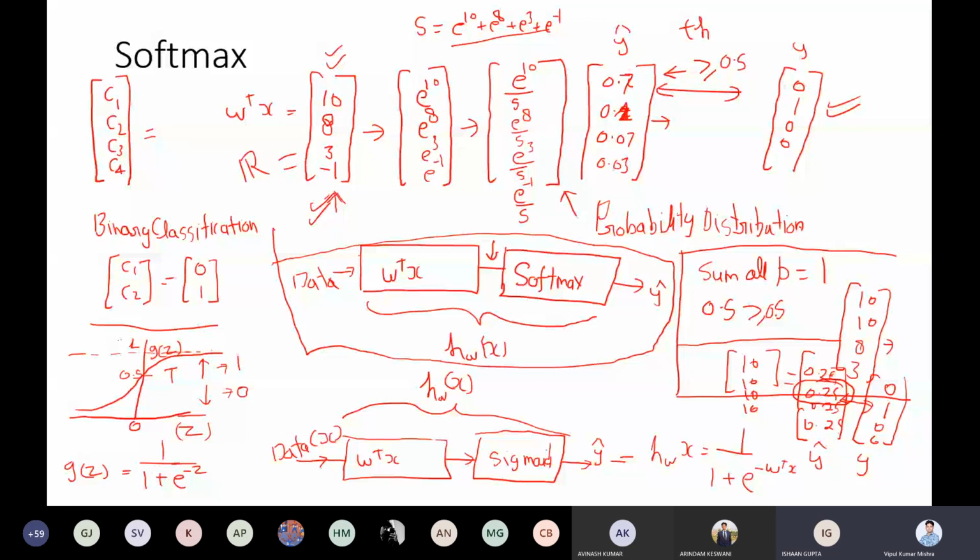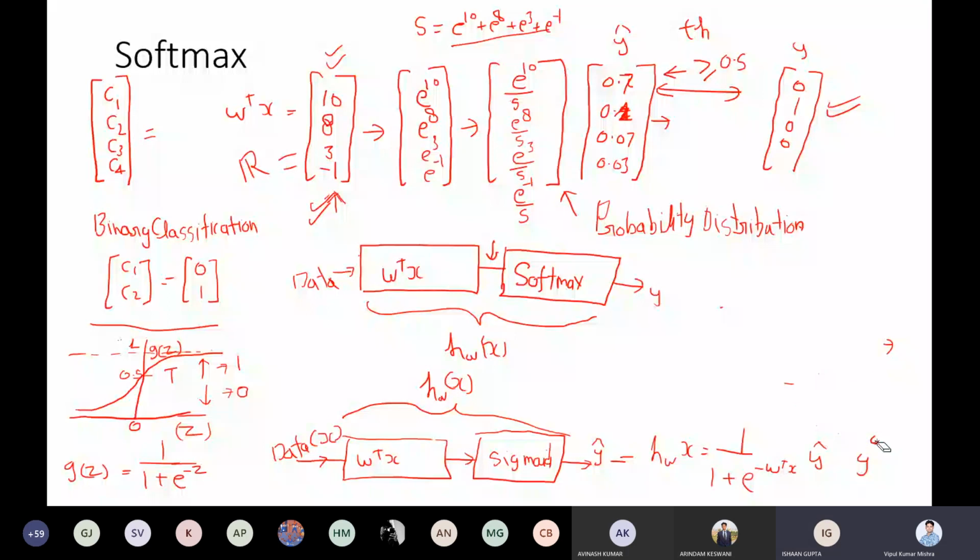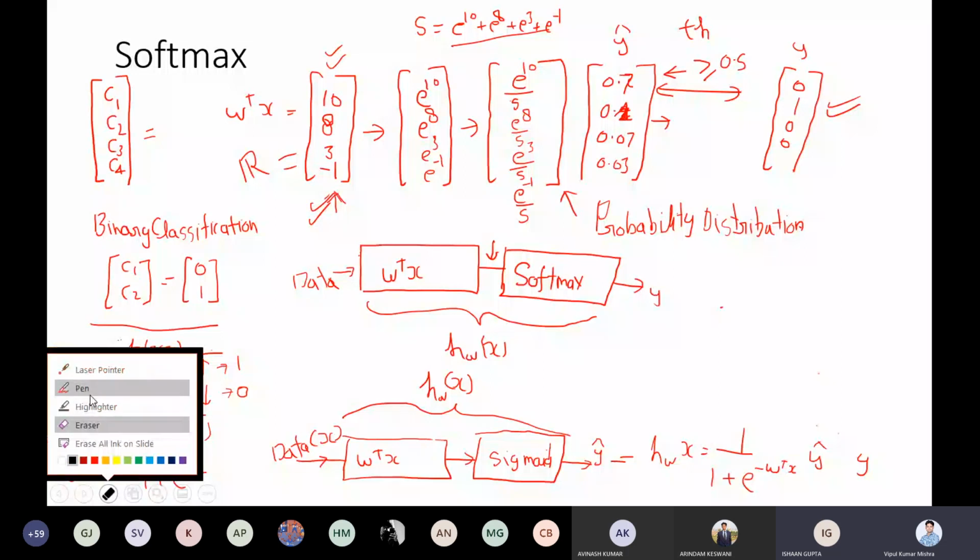Let me clear out some space. So for example, you have values. Let's say we have logits.